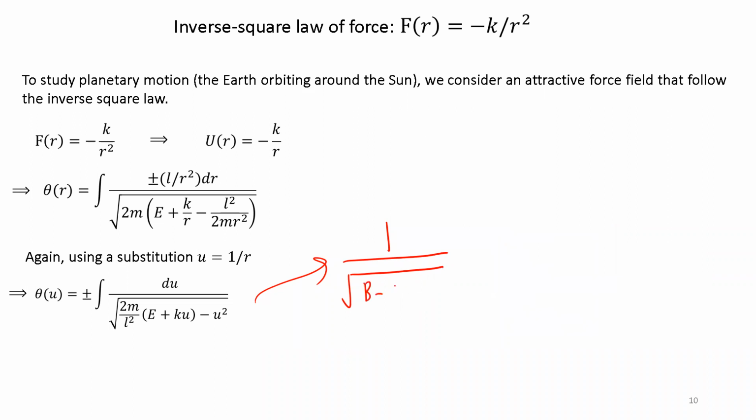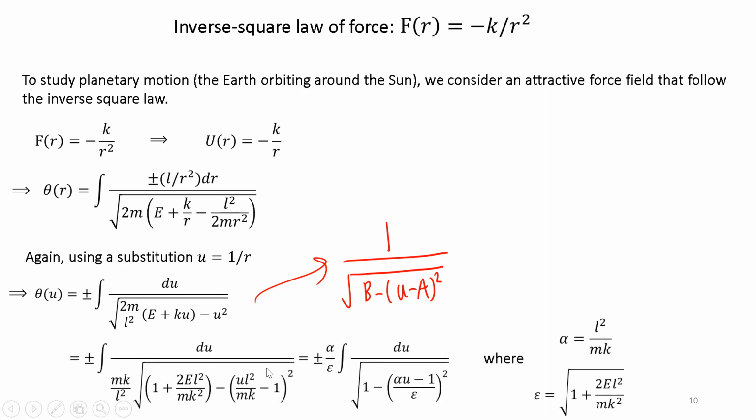So I have this u here, I have this u squared here, but by completing the square, it's not difficult to see that this one can be converted to this form, and this one we know how to do the integral. This one is the standard one. So what I do below here, as you can see, is basically just completing the square.